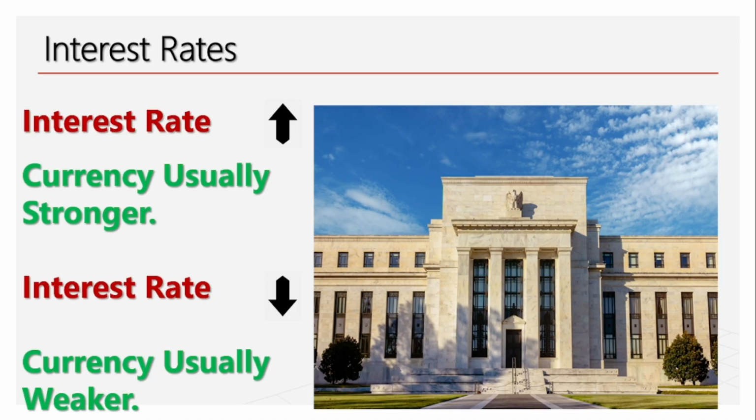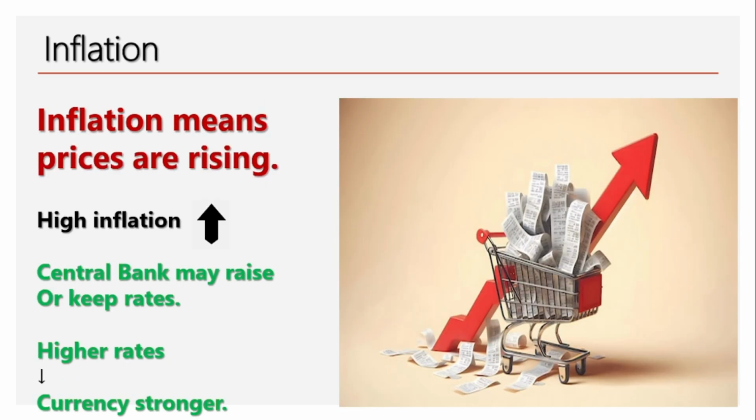Now in the time of market, interest rates, when is it very good for interest rates to be rising? Because that is where inflation comes into place. Now what is the meaning of inflation? Inflation means that prices are rising. Imagine you come to a particular country and inflation is very, very high, things are very costly.